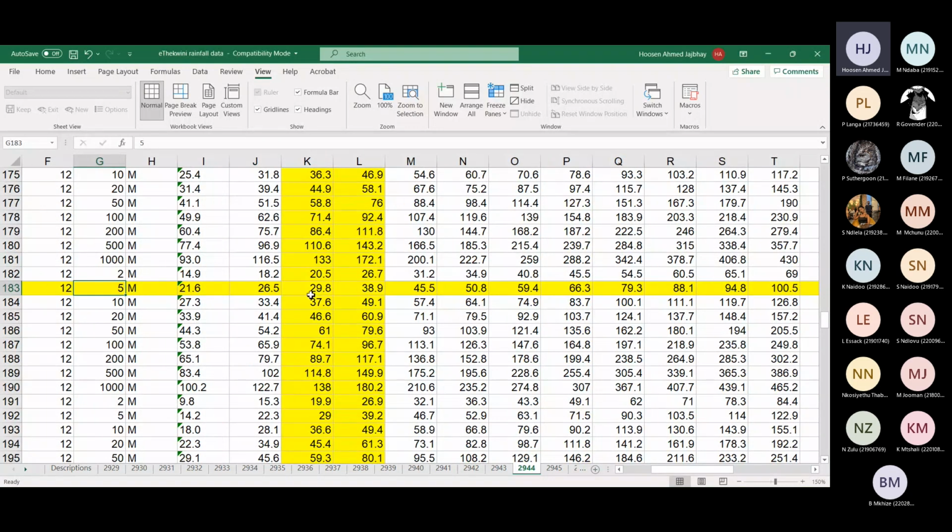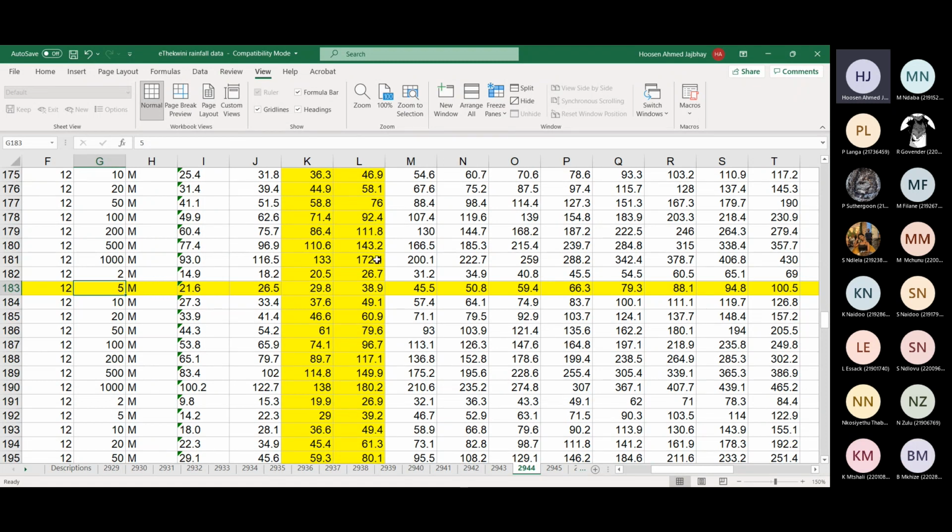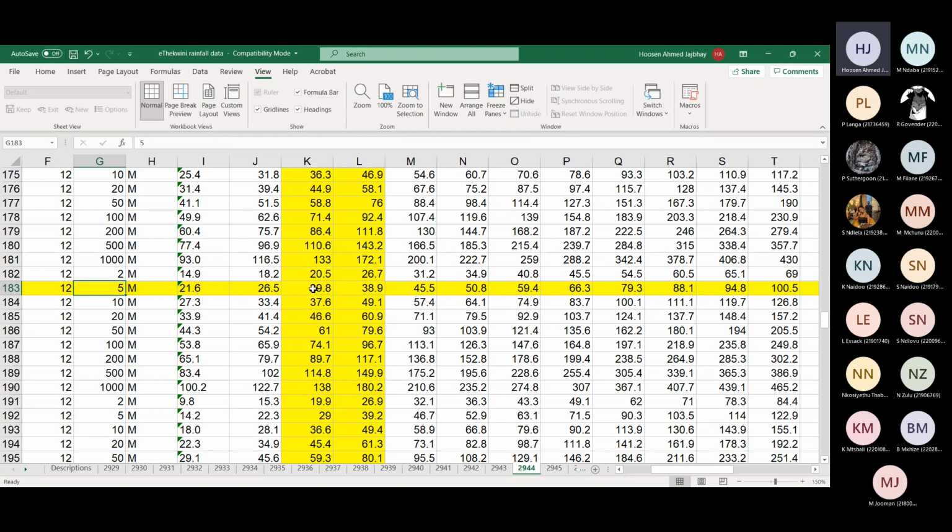So between those two values, we will now have to interpolate between the 29.8 and the 38.9, between the 15-minute and the 30-minute event. The 29.8 is for a 15-minute event, and the 38.9 is for the 30-minute event. We're looking at 22.5, so we will then get an interpolated value, and that will give us the millimeter part in our intensity calculations. So that's the point rainfall that we need.